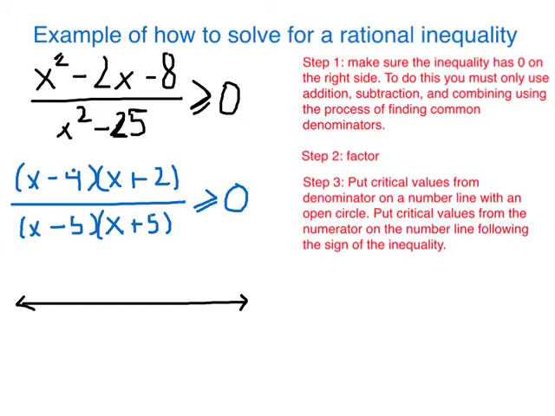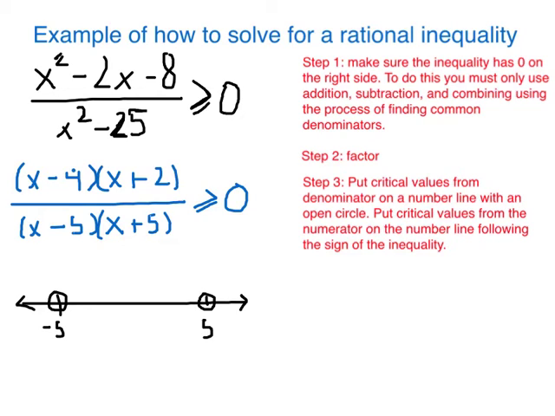Recall that the denominator in any rational expression can never equal 0. So that means if this were an equation, x could never be 5 or negative 5. So let's put those values onto a number line. And those are going to always have open circles.